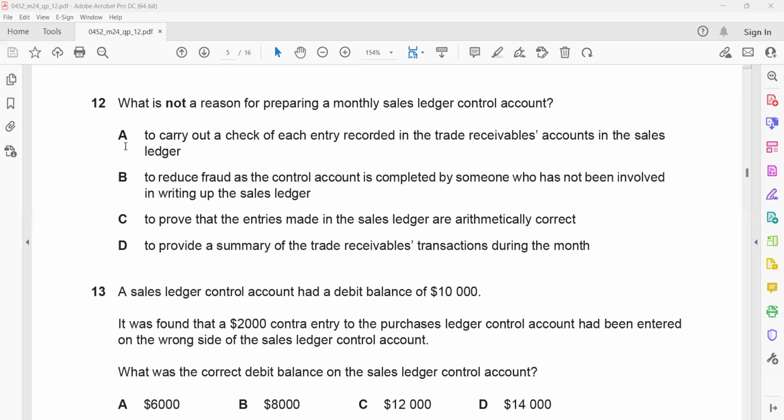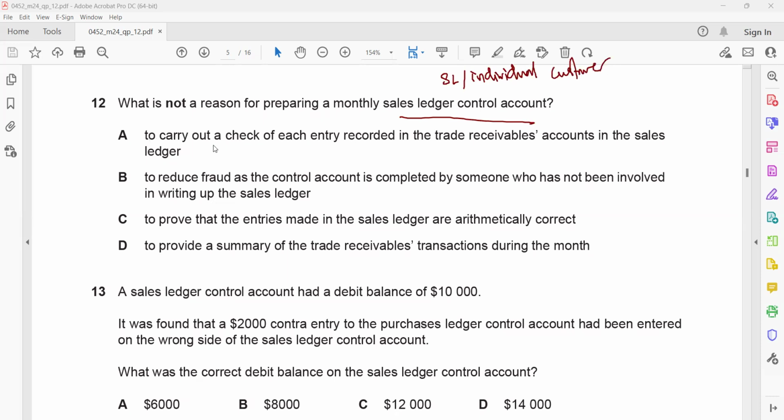What is not a reason for preparing a monthly sales ledger control account? Sales ledger control account is to check the sales ledger, to see whether the individual customer accounts are correct or wrong, compared with the total.